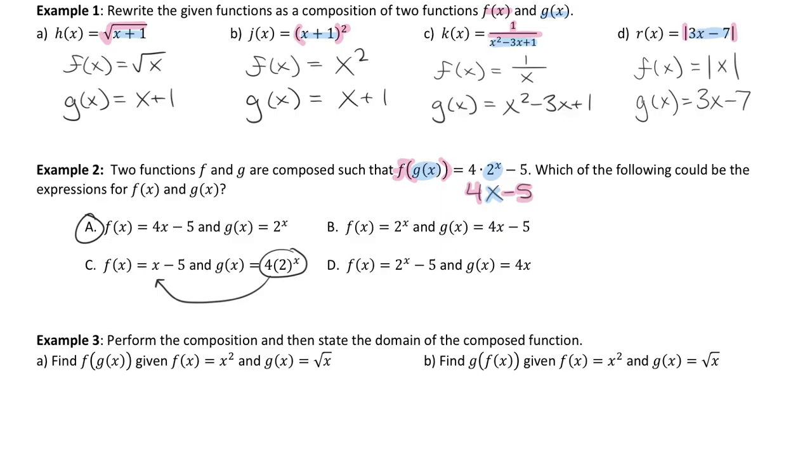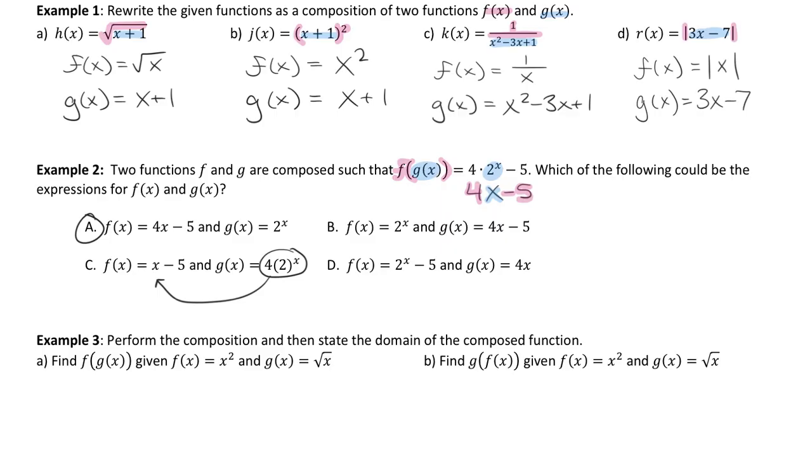You're taking the g of x function and you're putting it in the f of x function. Meaning I'm putting that entire 4 times 2 to the x. Would the 4 be outside? Outside of what? The 4 is the f.